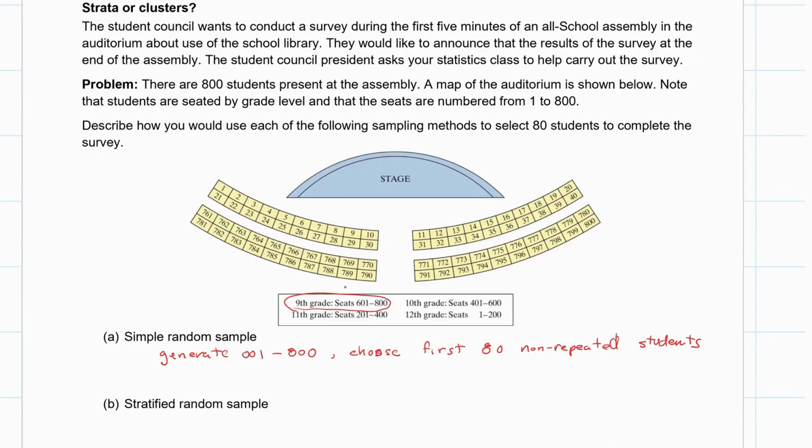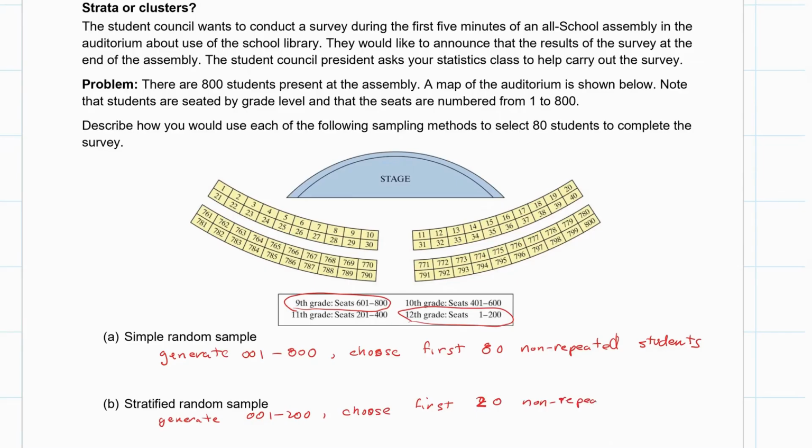But if we did a stratified random sample, take a look: all the ninth graders sit in the back, rows 601 to 800. All the 12th graders sit in front. For a stratified random sample, we could generate numbers from 001 to 200 and choose the first 20 non-repeated, right?